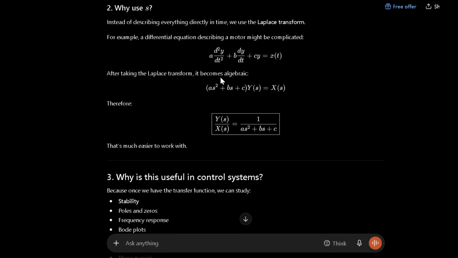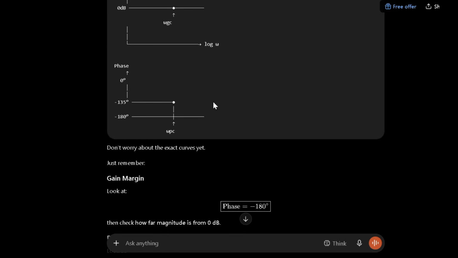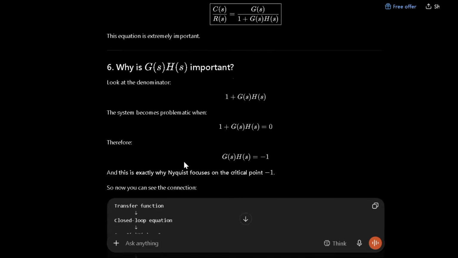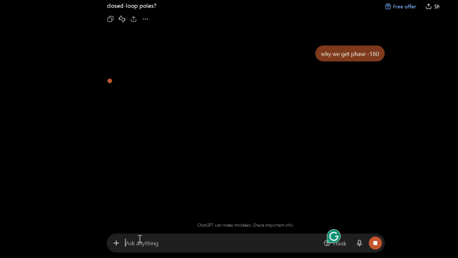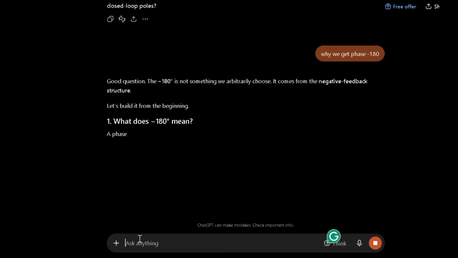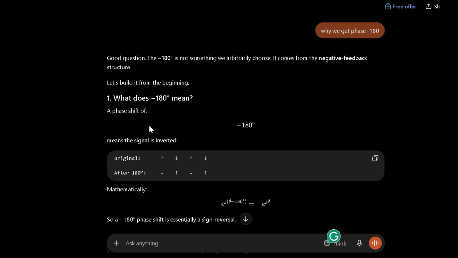So we get phase minus 180. Why do we get phase minus 180? The phase minus 180 is not something we arbitrarily choose. It comes from the negative feedback structure. What does a phase shift of minus 180 mean? The signal is inverted.